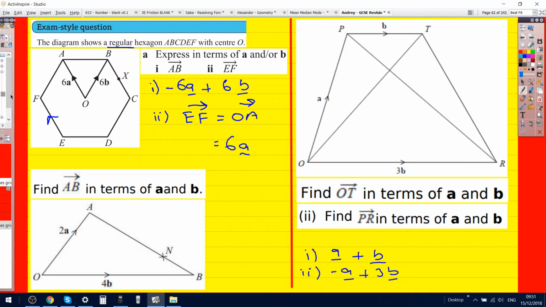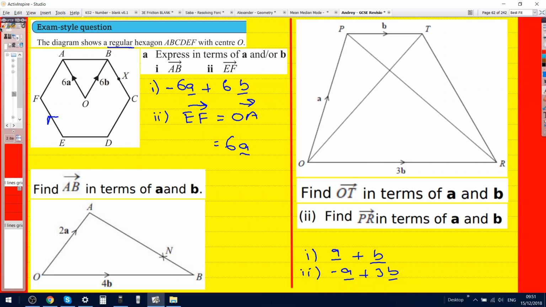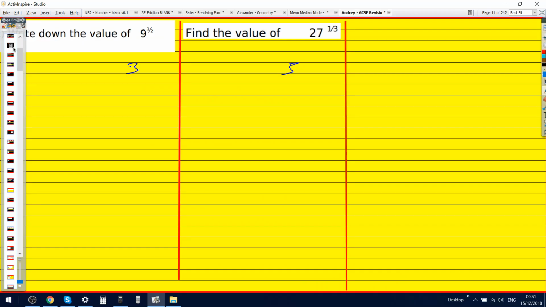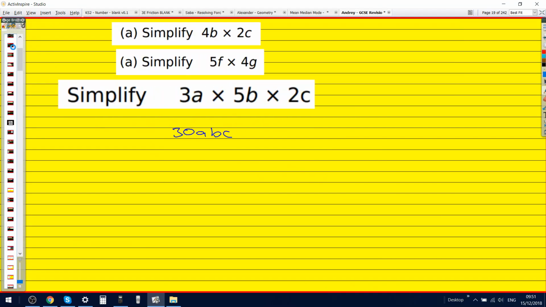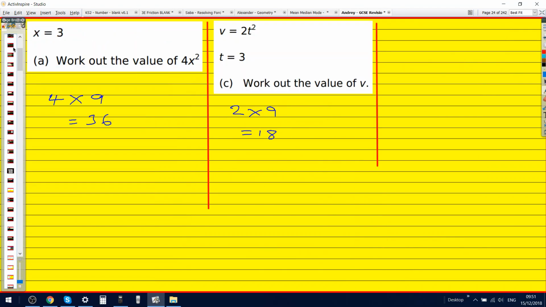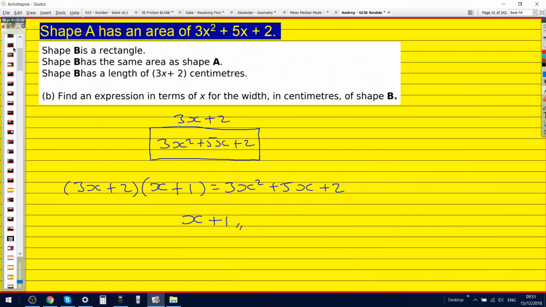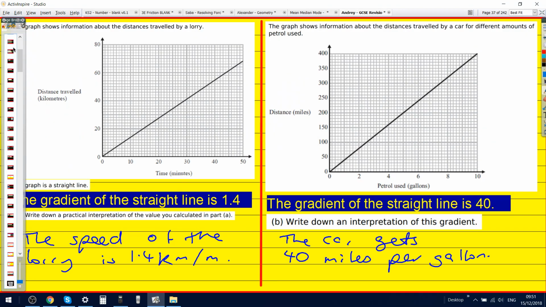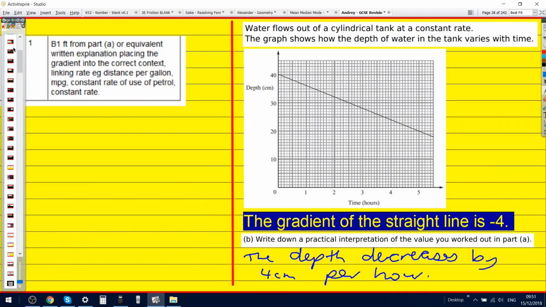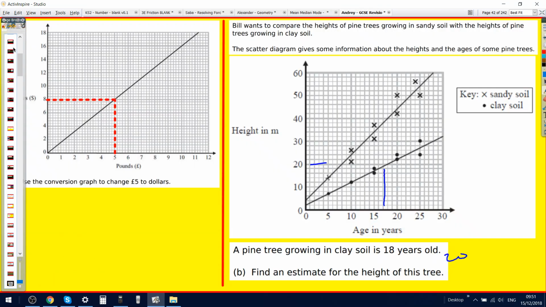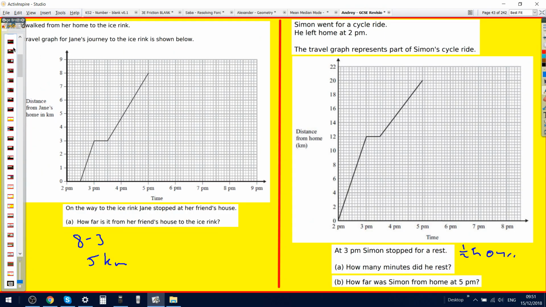Okay, I'll go back. So there's going to be a million vector things. Click. There we go. Okay.